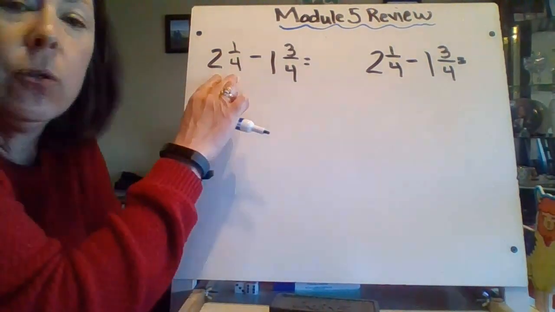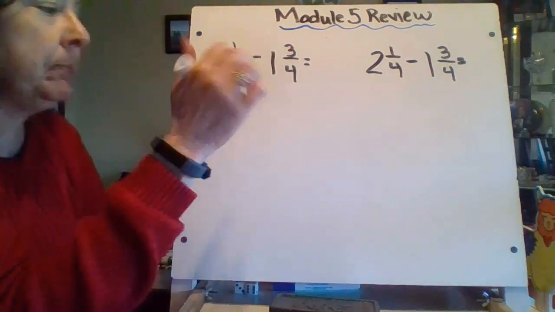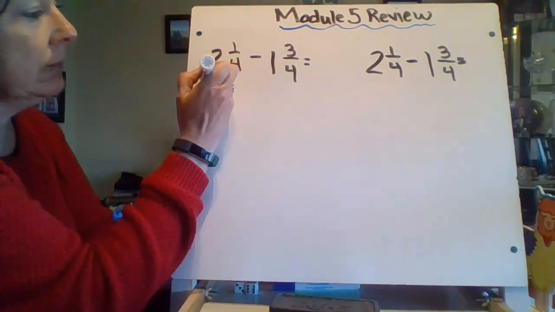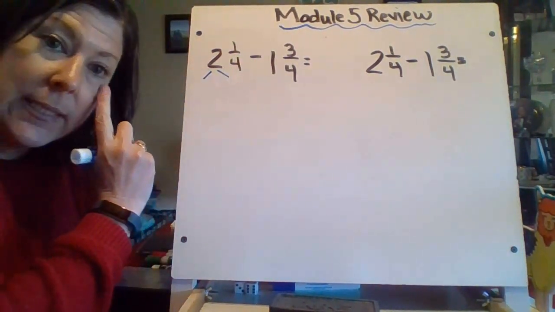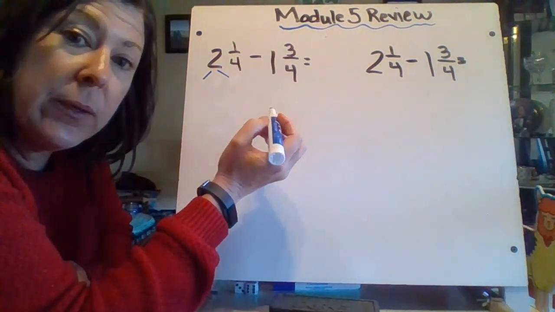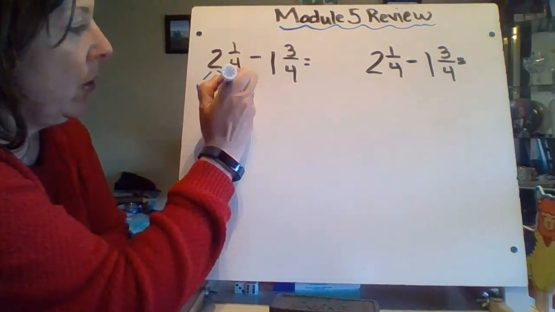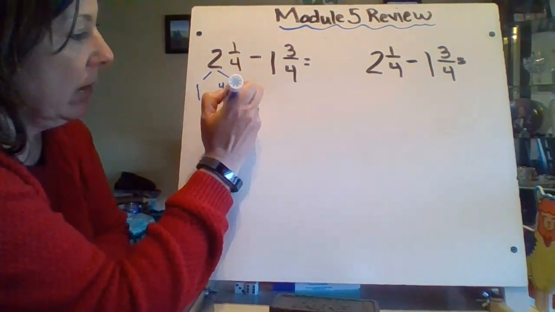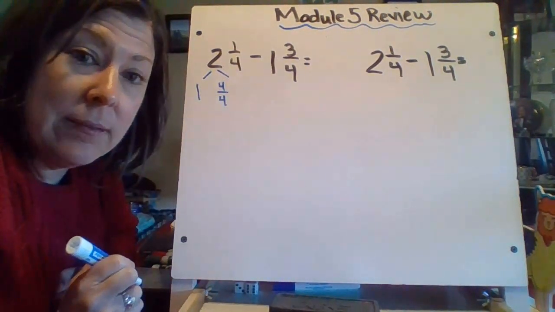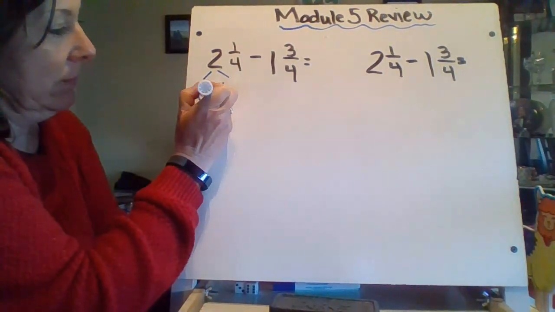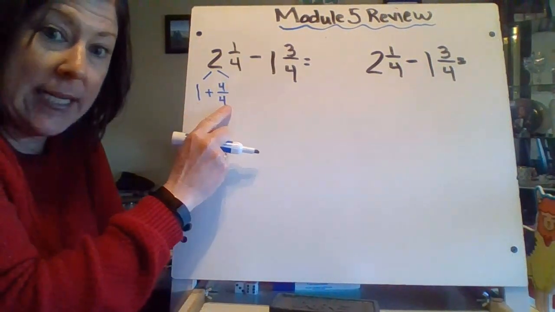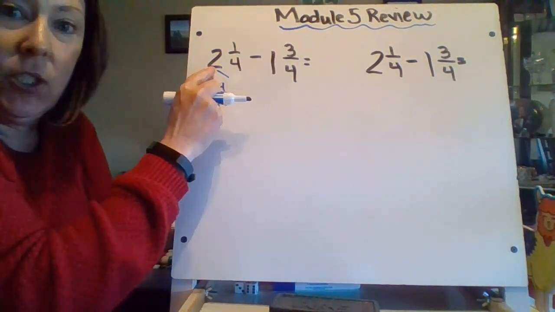So I'm going to rewrite this mixed number. I'm going to take the 2 and I'm going to rewrite it as 1 and 4/4. 1 and another 1 whole is 2.